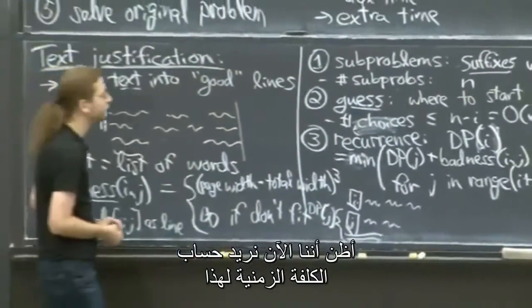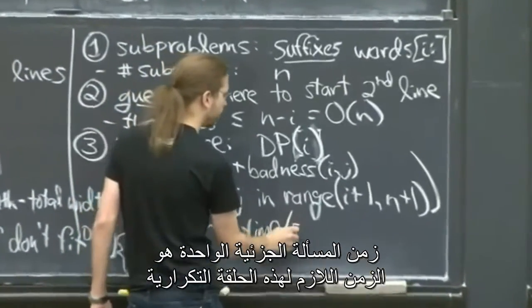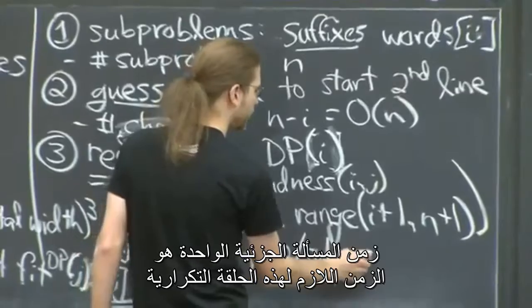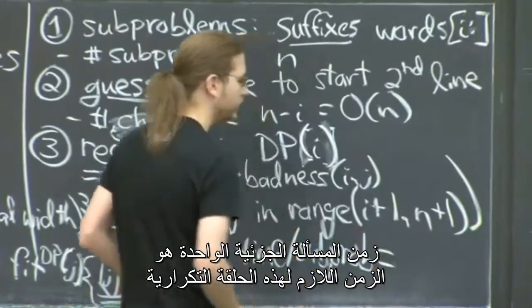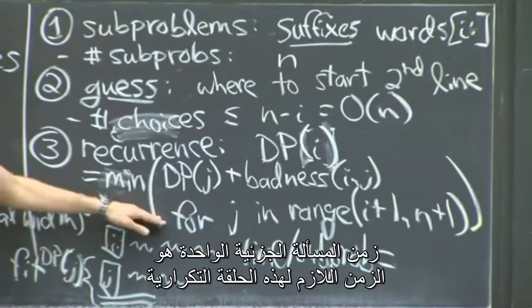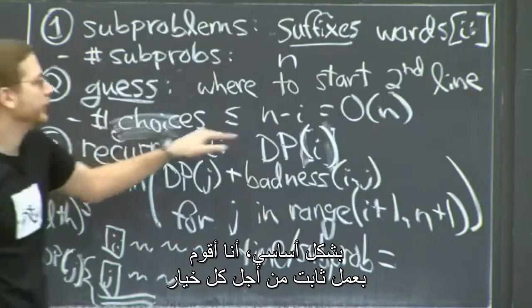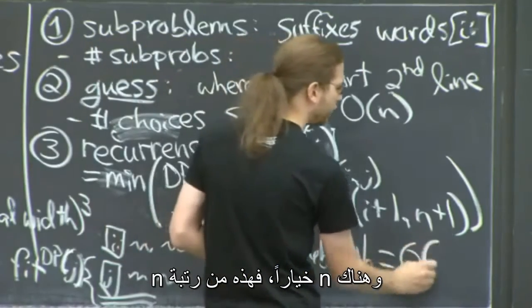I guess right now we just want to compute how much time this costs. Time per subproblem is, I have to do this for loop. Basically, I do constant work. All of this is constant work for each choice. I said there's order n choices, so this is order n.